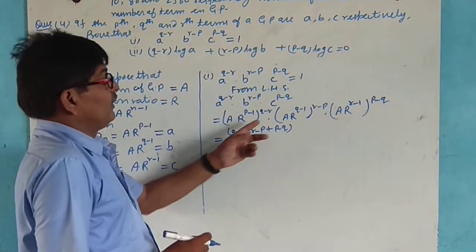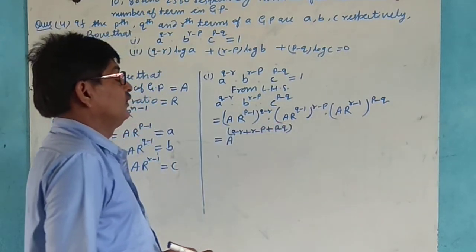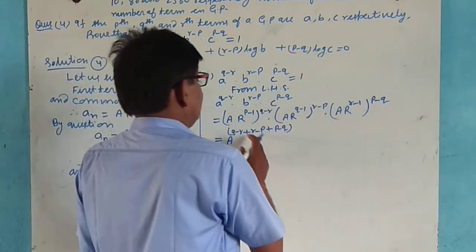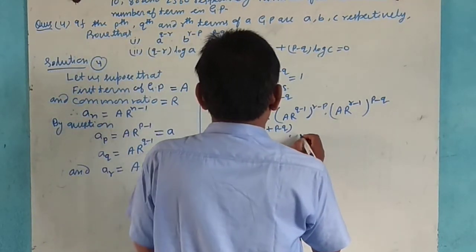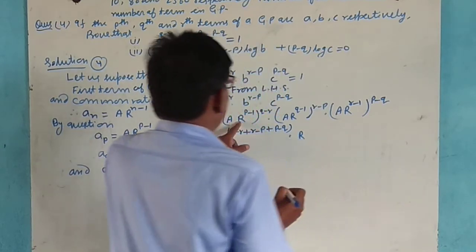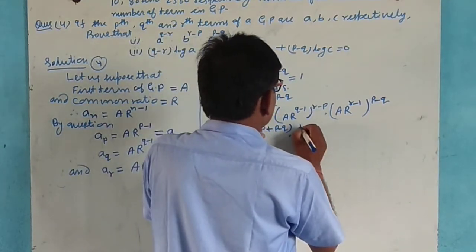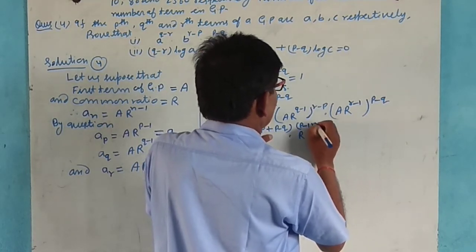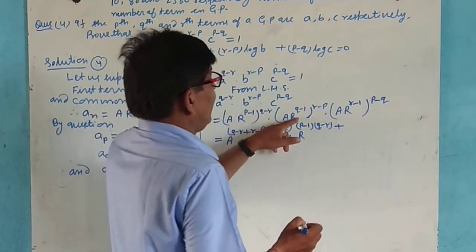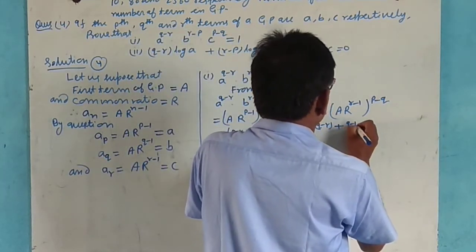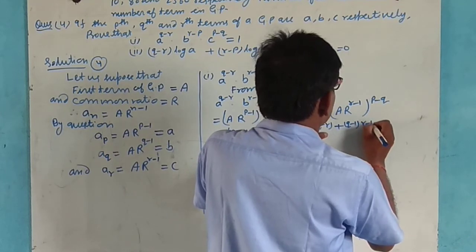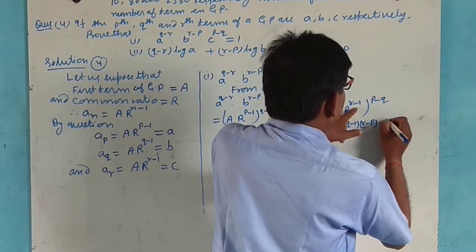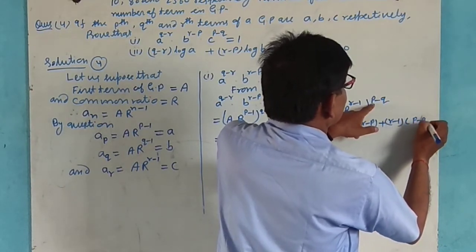Now this is a multiplication and the base is the same, so the powers are added. Now here R to the power (p minus 1) into (q minus r), plus R to the power (q minus 1) into (r minus p), plus R to the power (r minus 1) into (p minus q).